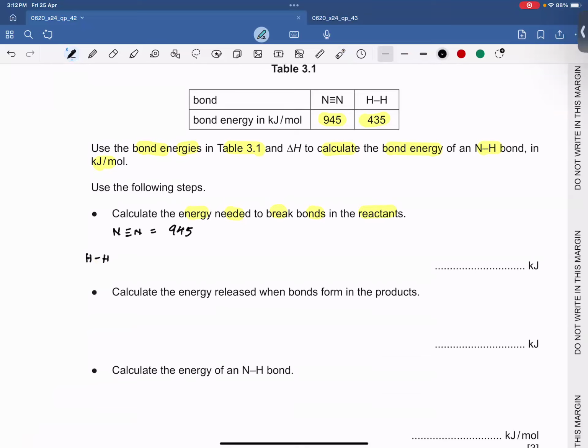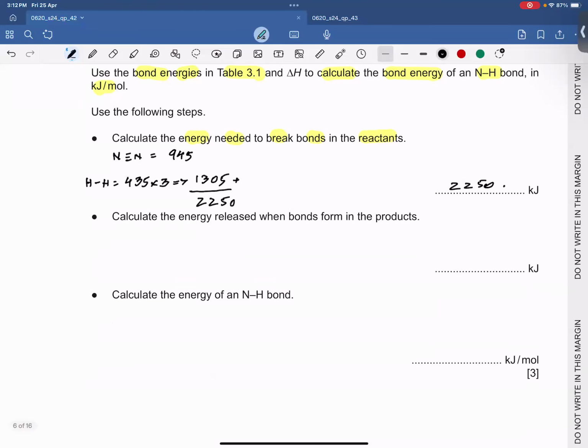Hydrogen has a bond energy of 435, and since we are using 3 moles in the equation, multiply by 3. 435 times 3 is going to be 1305. Let me add these two values. So plus 945 is going to be 2250.